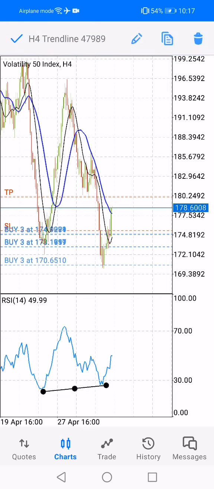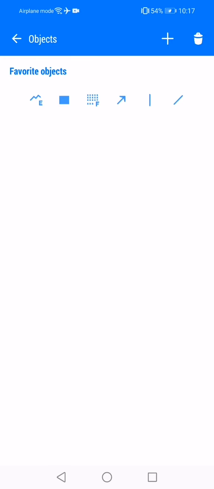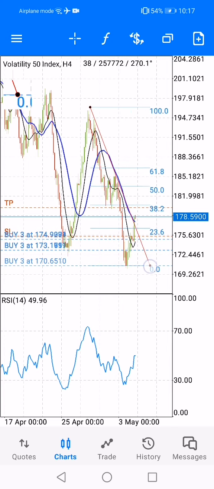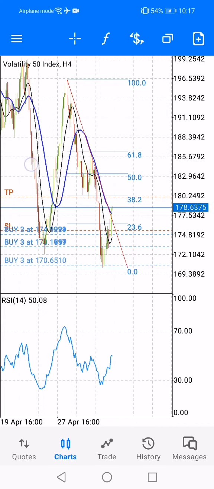Now I put this Fibonacci tool. This is where Fibonacci becomes useful. Now I'm going to put Fibonacci from up here up to here. Okay, now these are the levels where the price might find resistance and go down.